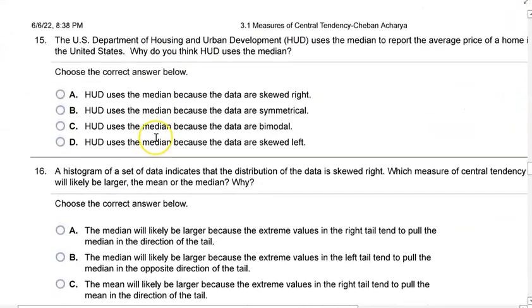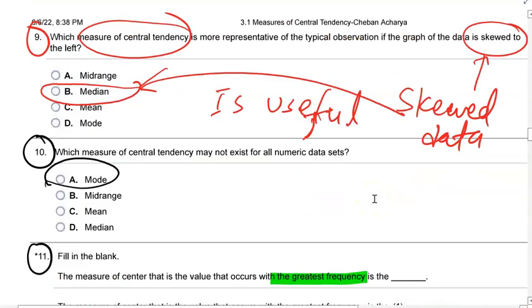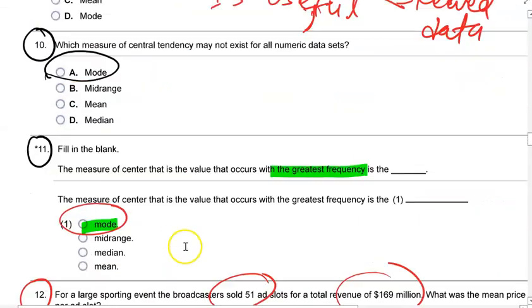Okay, number 15. The US Department of Housing and Urban Development uses the median to report the average price of a home in the United States. Why do you think HUD used the median? Remember that last time we said that the median is used if the data is skewed.